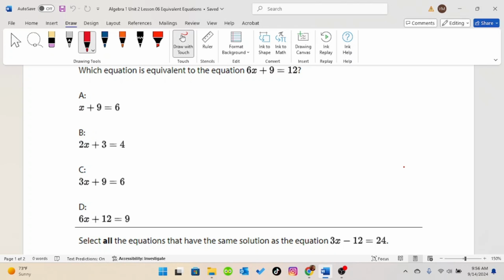So as we begin looking at choice A, we have x plus 9 equals 6. To go from 6x to x, they divided 6x by 6. To go from 9 to 9, they did nothing.